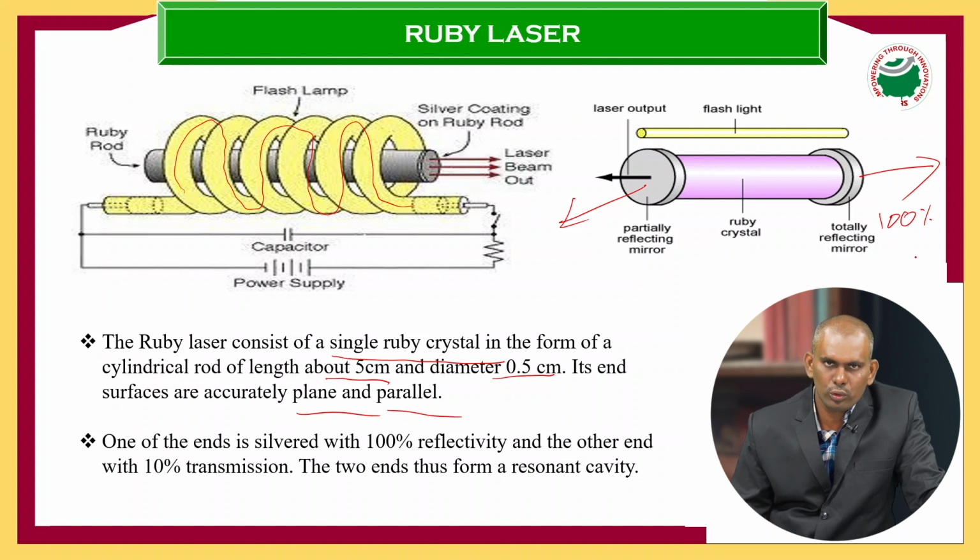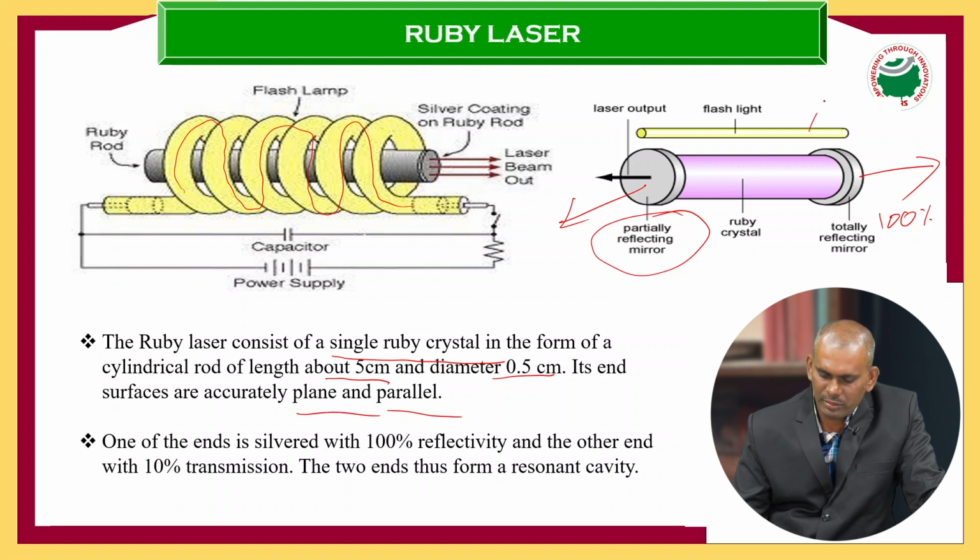To one side of the ruby rod, I am applying 100% silver coating. To the other end of the ruby rod, I am applying partial silver coating. That's why here it was mentioned as partially reflective mirror. Like that, the two mirrors we are arranging at both ends of the ruby rod. One is fully reflective, another one is partially reflective.